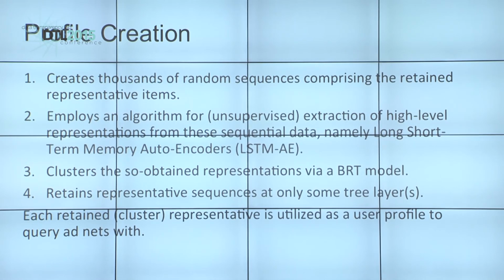We then cluster these sequences, again using a Bayesian rose tree model, and based on that, we select some representative sequences, which are basically going to be used as the user profiles, in order to query the ad networks using these profiles that we have selected this way.